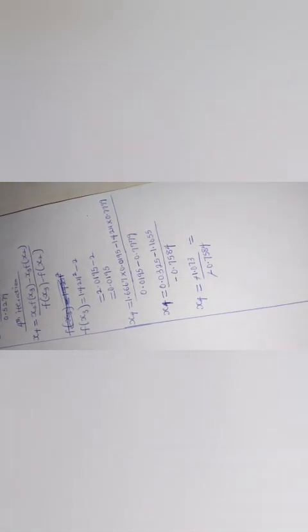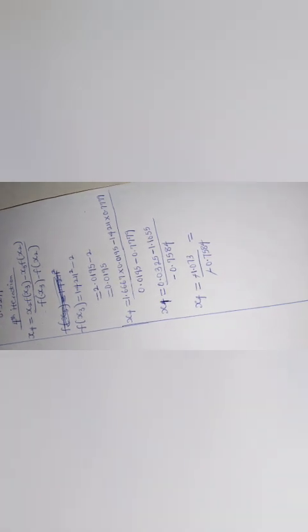If we work on this, minus cancels minus, such that we are going to have 1.073 divided by 0.7584. Approximately, we are going to have 1.414.